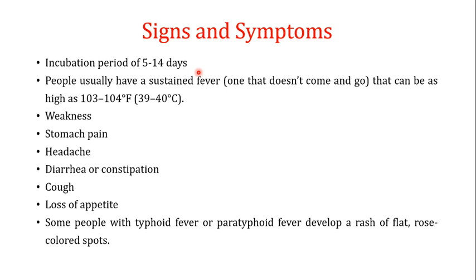If you talk about the signs and symptoms of typhoid, the incubation period for Salmonella typhi is usually 5 to 14 days. People usually have a sustained fever, by which I mean one that doesn't come and go. The sustained fever can be as high as 103 to 104 Fahrenheit. There is weakness, stomach pain, headache, diarrhea or constipation, cough, and loss of appetite.